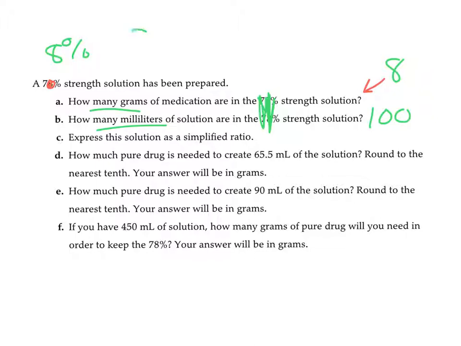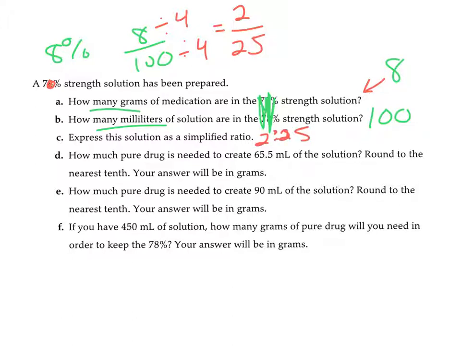Expressing that as a simplified ratio would mean that we just simply need to reduce it. Both 8 and 100 I can divide by 4. So if I divide these both by 4, 8 divided by 4 is 2, 100 divided by 4 is 25. I can't reduce 2 to 25, so a simplified ratio would be just that, 2 to 25 in an 8% solution.